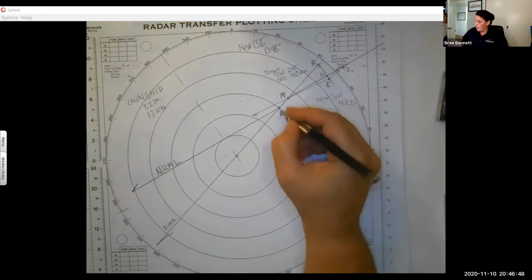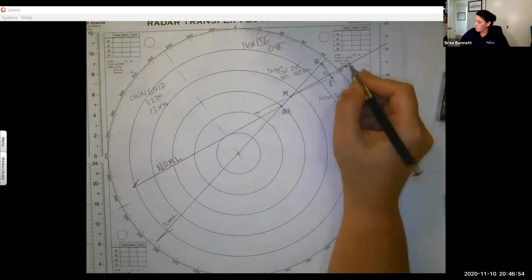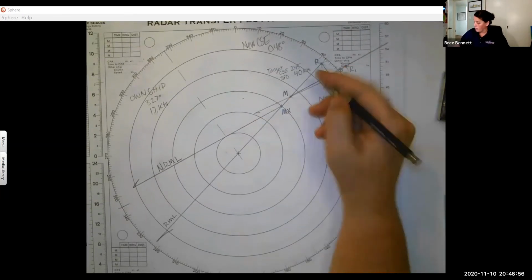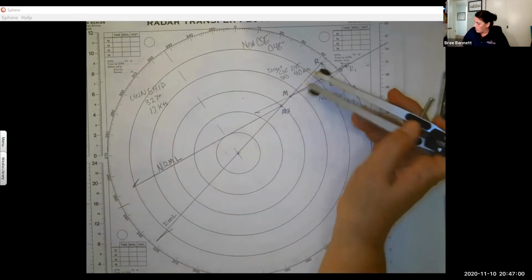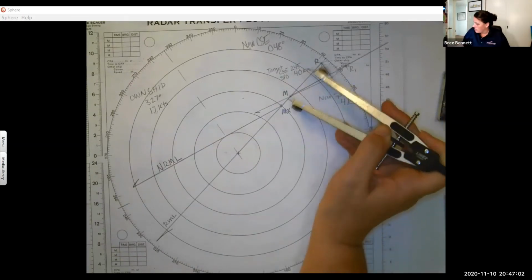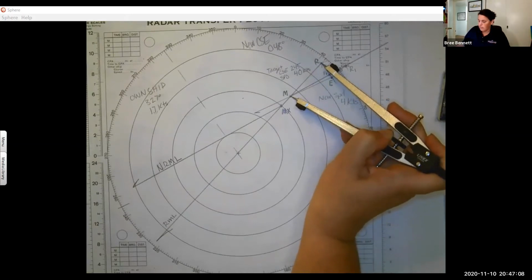So if I want to figure out what time of my CPA will be, I need to figure out my times first, which I didn't do that earlier. So if this is 6 minutes, relative motion speed, right?